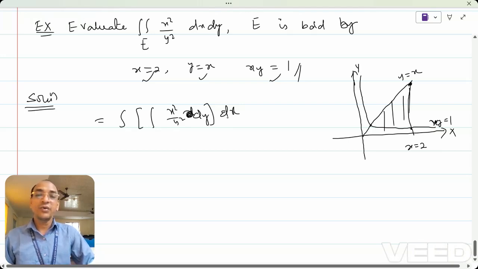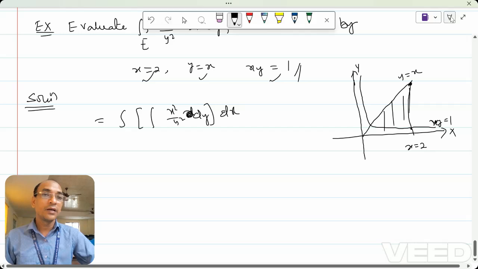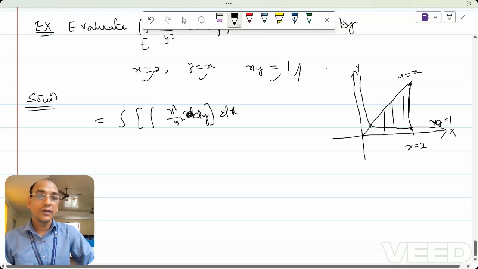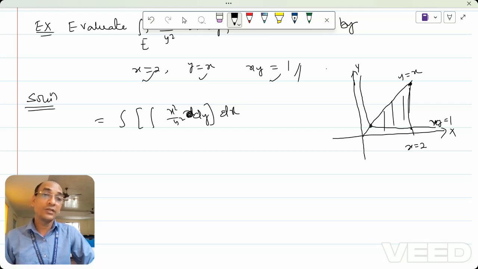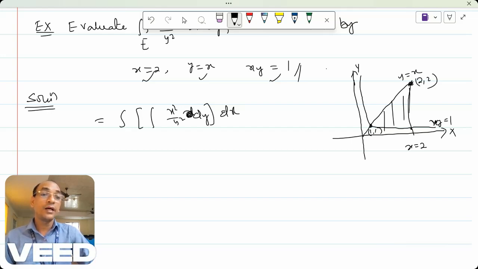Since x is the outer integral, x should have constant limits. So what is the value of this? Here I have xy equal to 1 and y equal to x. So y equal to x is here, which means this coordinate will be 1 comma 1. And here x equal to 2 is already known, and y equal to x, so x is 2 means y will also be 2. So here I have 2 comma 2 and here 1 comma 1.